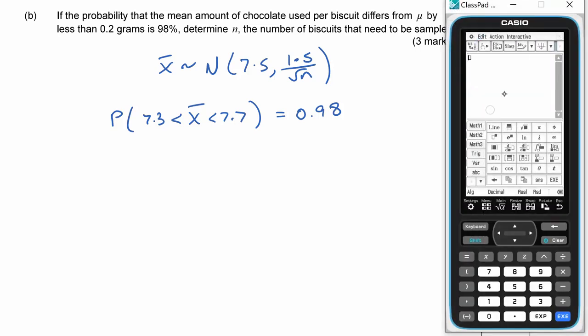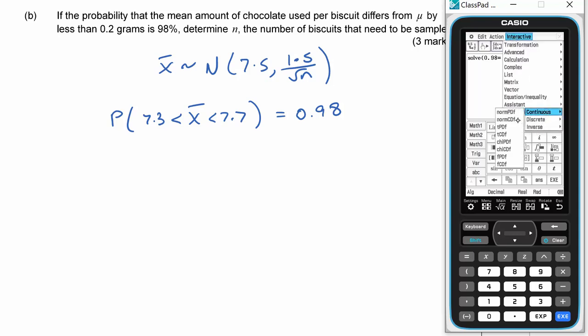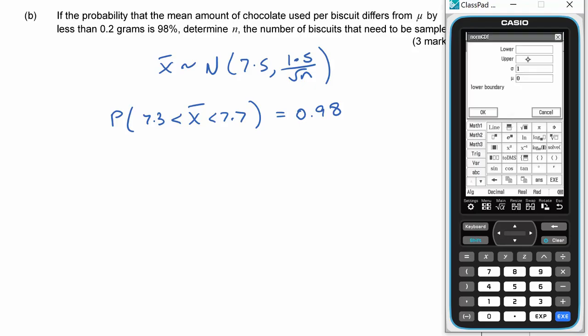So just clear everything for a second. So action, advanced, solve, and 0.98 equals, and let's go for a normal CDF with my lower at 7.3, my upper at 7.7, my mean at 7.5, and my standard deviation is 1.5, and be careful this time, 1.5 divided by the square root of x.